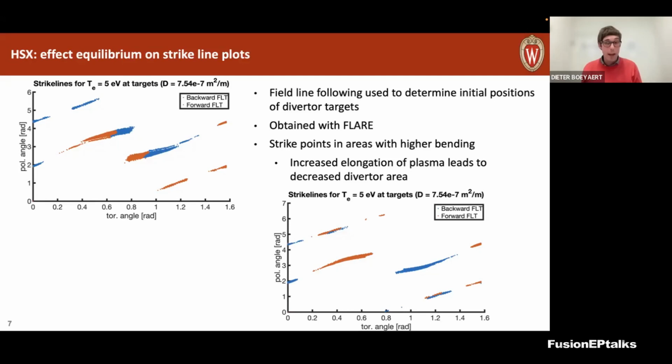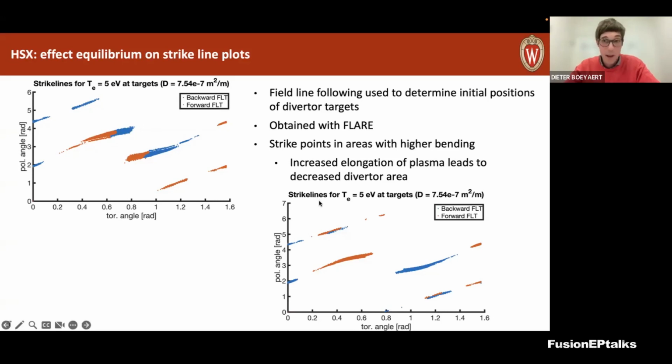Then we want to know what the difference between the two is when it comes to strike line locations, because if we install a divertor, we want to be sure that it is suitable for both of them. That's the difference that you can see on this slide. On the left, you can see which strike lines we obtain in the toroidal and poloidal angle frame using the current standard configuration of HSX.